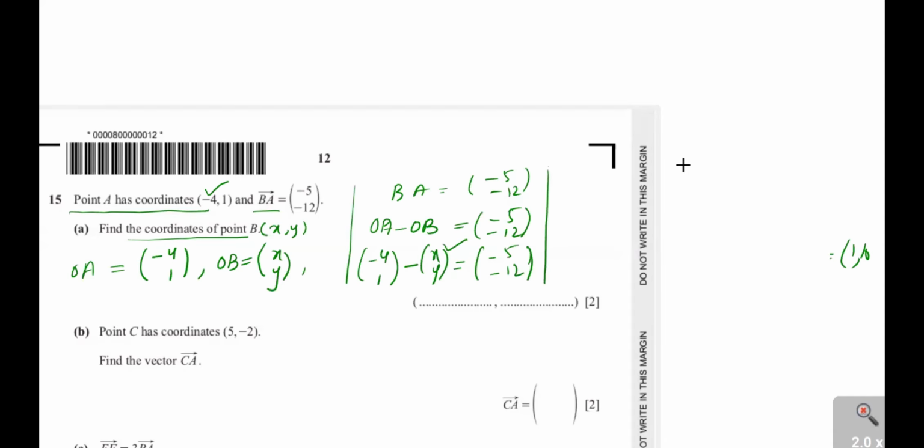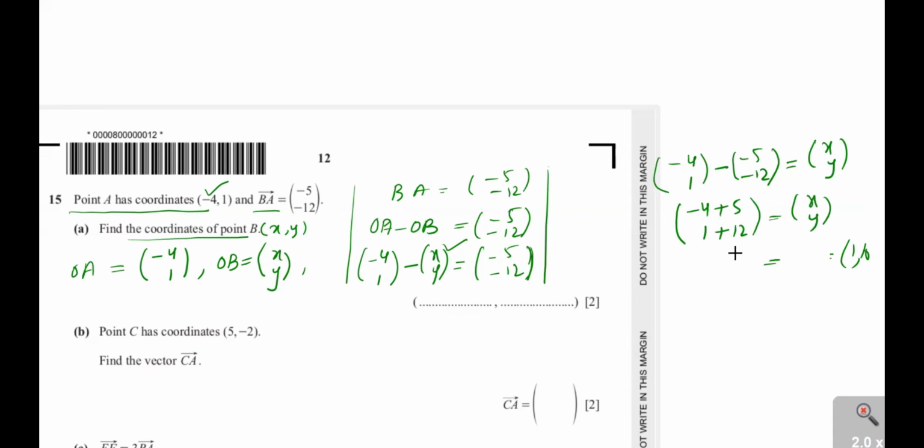Now we can write this minus 4, 1, and we shift this column vector from right to left side, it becomes minus 5, 12, and this minus x, y, when we shift from left to right it becomes plus x, y. Now we simplify this: minus 4 plus 5, 1 plus 12, and therefore the x, y vector will be equal to 1, 13, and the coordinates of x and y will be 1 and 13.